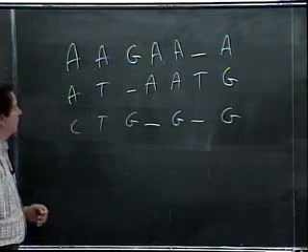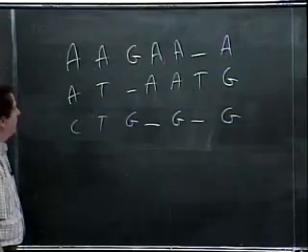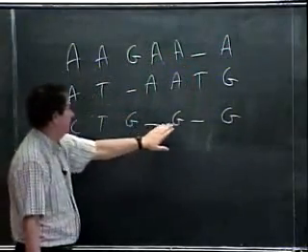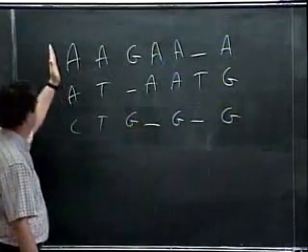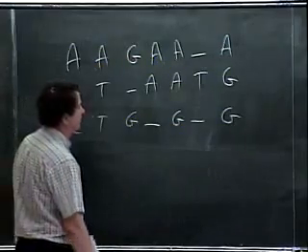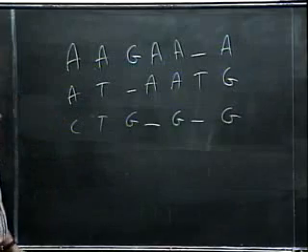They were of unequal length. Well, these two actually were equal length, and this one was one shorter. And we put, in this case, just a single space here. Here's a single space, where we put in two spaces. And now we have well-defined columns, so we can talk about the characters that are in each column. And this is a multiple alignment.